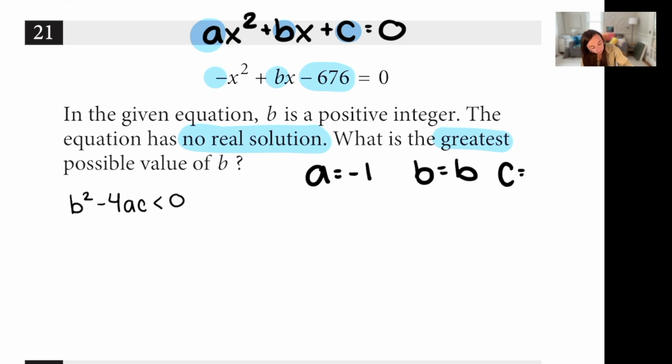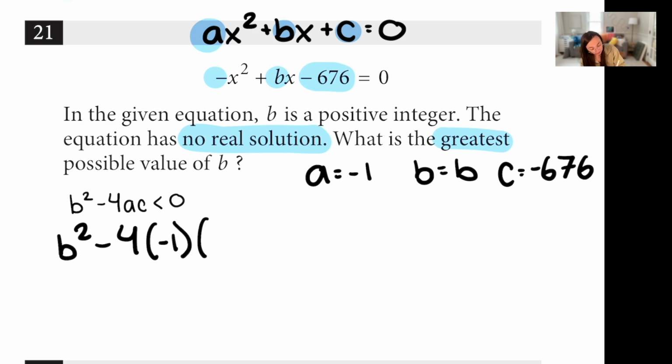So c equals -676, okay? And then we're just going to plug all these things into the discriminant. Okay, so we don't know b, so we're going to keep b squared minus 4. a is going to be -1, and then c is going to be -676.